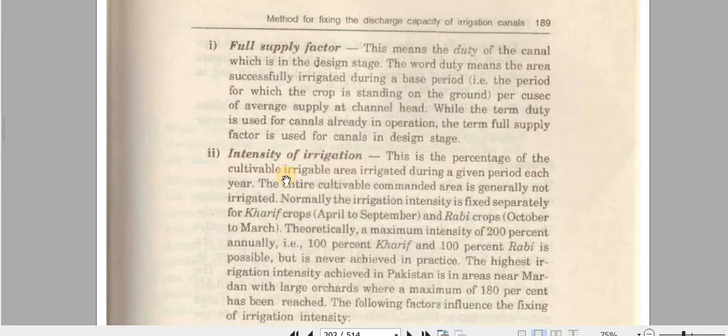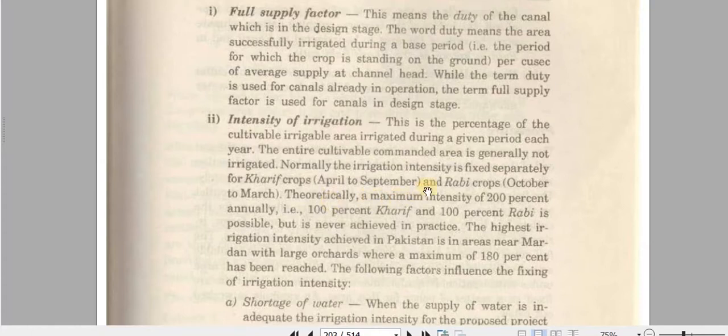And if we say 50% is irrigated, irrigation intensity is related to the percentage of cultivated irrigable area irrigated during a given period. So 64,000 into 0.5, 32,000 acre will be irrigated area. The entire cultivated area is not generally expected to be irrigated. So irrigation intensity is fixed separately for kharif crop and rabi crop.